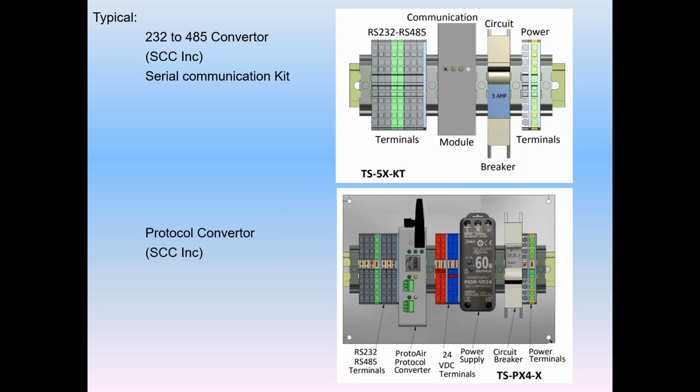This would include a 24-volt power supply for the system, terminals to connect it all, and a protective circuit breaker and incoming power terminals. Again, these are kits that are available through the SCC locations, and this would be used to convert to anything other than Modbus protocol.